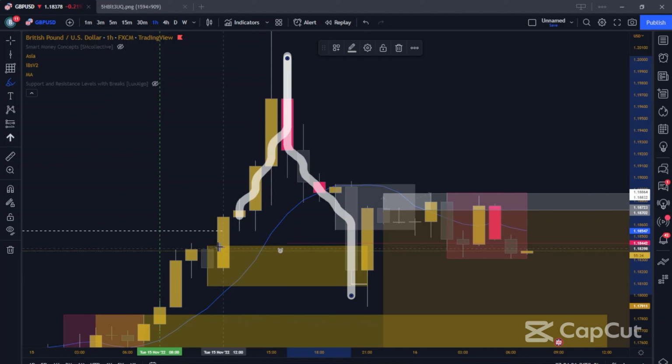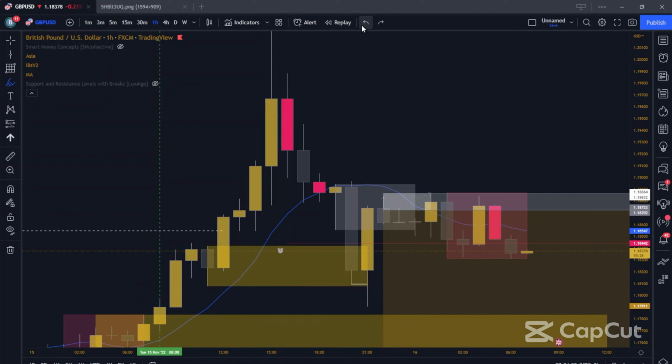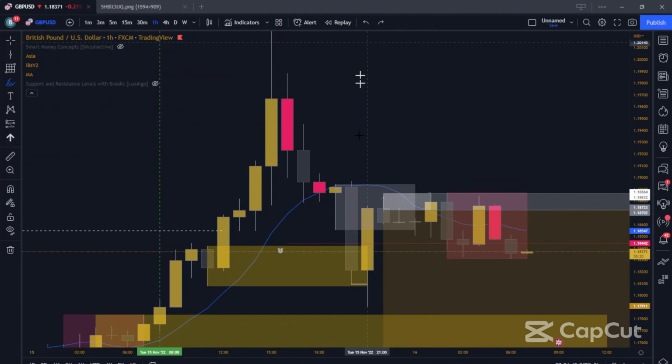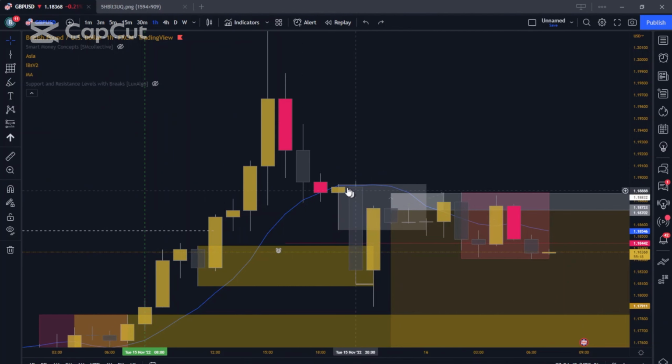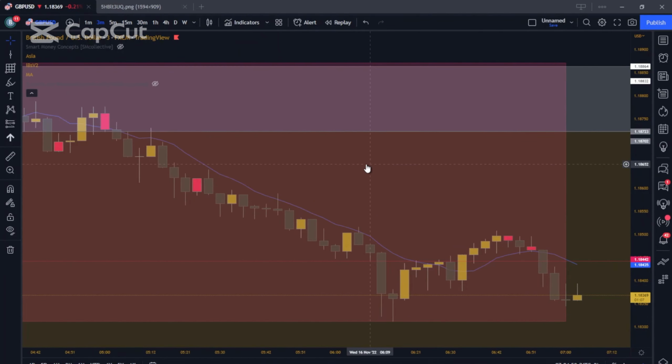This push to the downside breaks this demand, right? So that demand is violated over here. What violated that demand? This supply up here. So we mark up this supply, this wick. Waited for price to retrace into that wick after the flip.